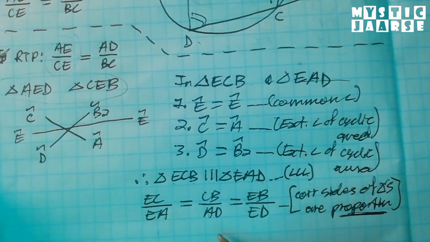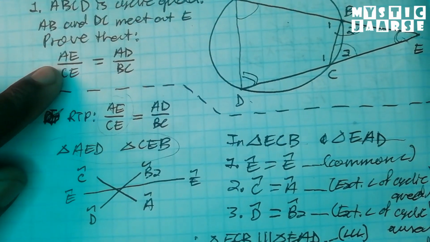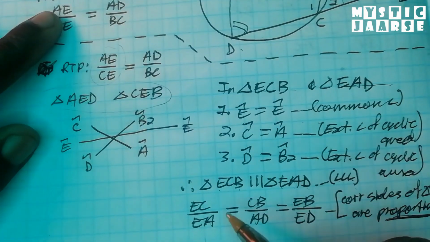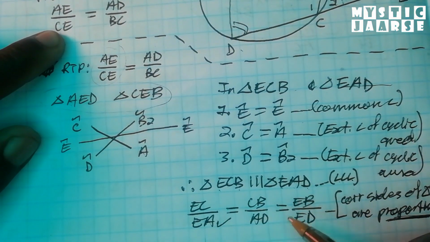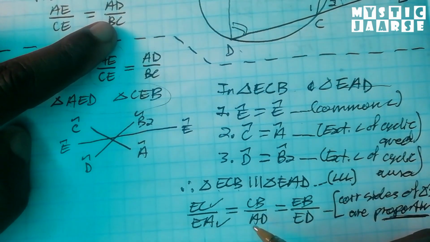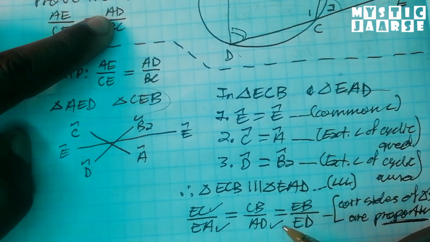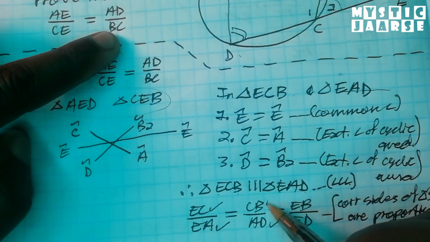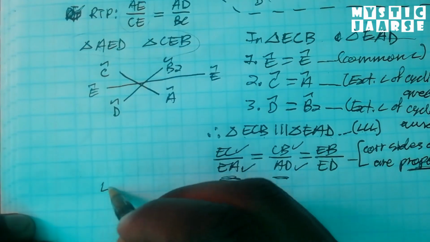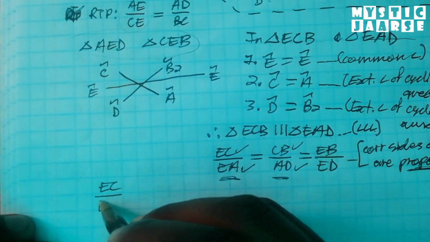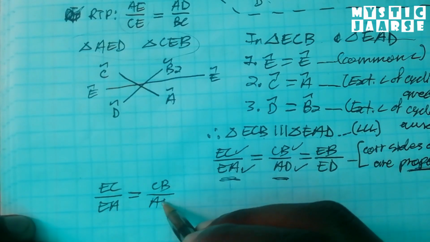So from this we need to take out the pair that's going to help us prove this. So we have EA, CE, AD, BC. Oh, so we're going to take this pair. So we have EC divided by EA is proportional to CB divided by AD.